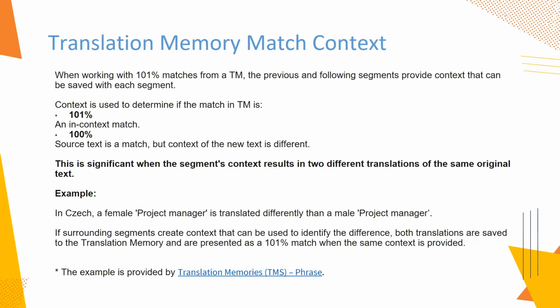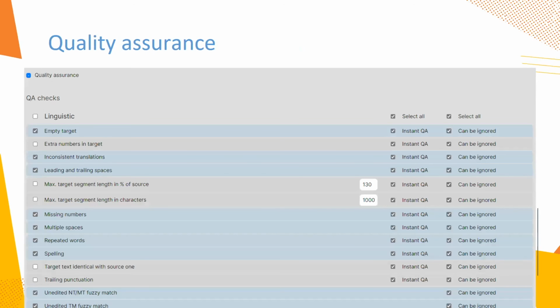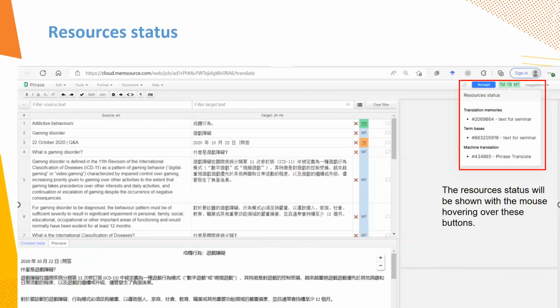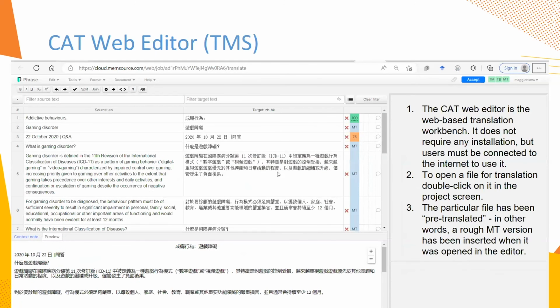We also introduced different context matches against translation memory, and the quality assurance pane to help us check some warnings like misspelling, tag content, and segments that haven't been confirmed.